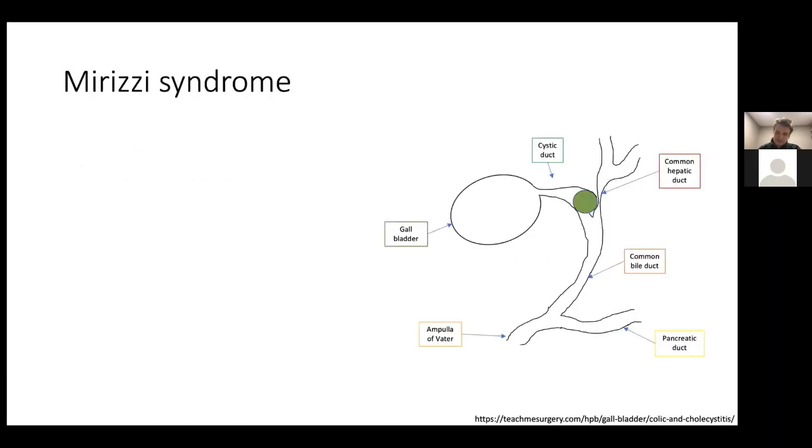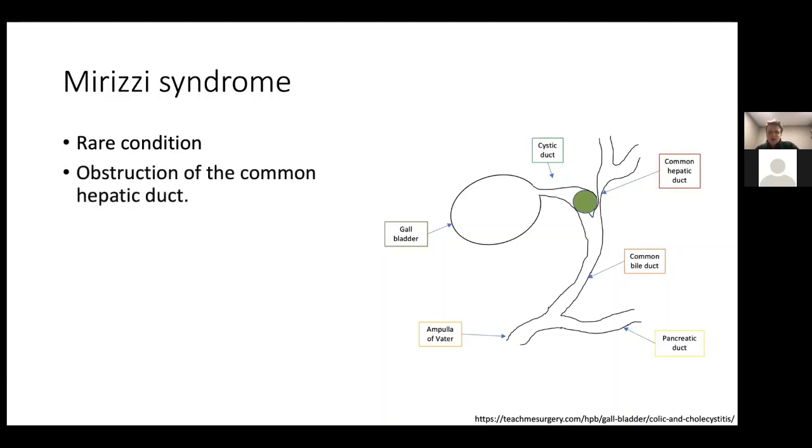Okay. So this is a case of something called Mirizzi syndrome. It's quite rare, but it's something important to know about. So what happens is a gallstone can get lodged in the cystic duct, which can put pressure on the common hepatic duct.